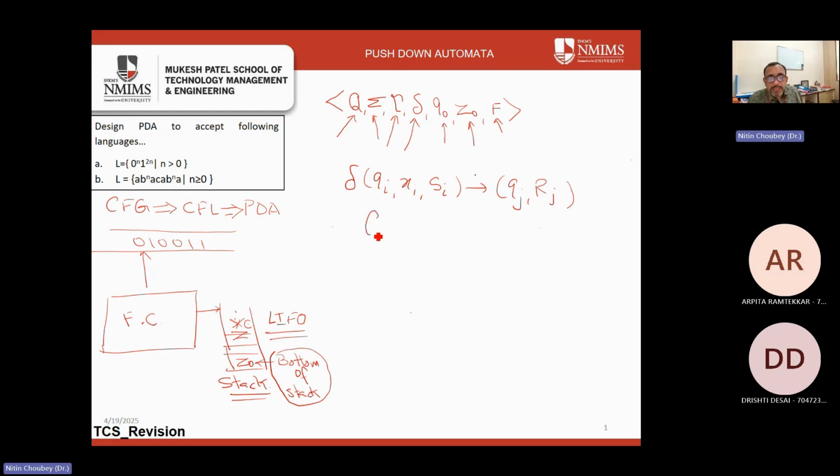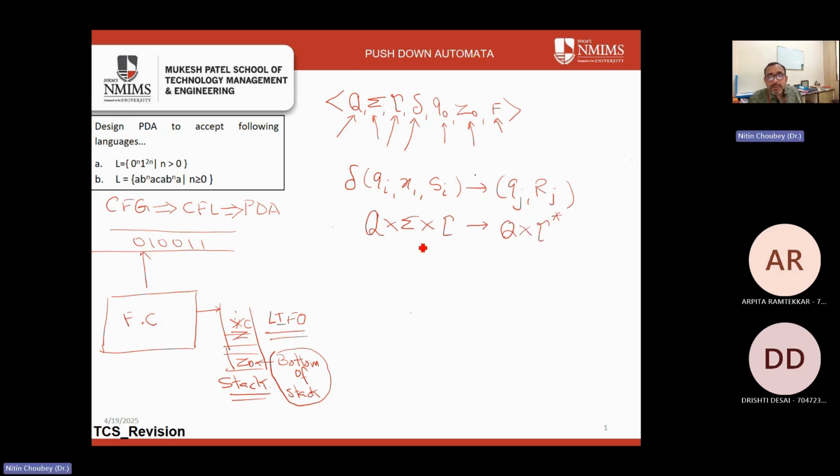So we can very well say that the transition function for push-down automata is a mapping of Q cross sigma cross tau leading to Q cross tau star.